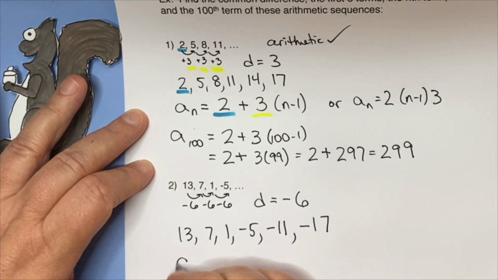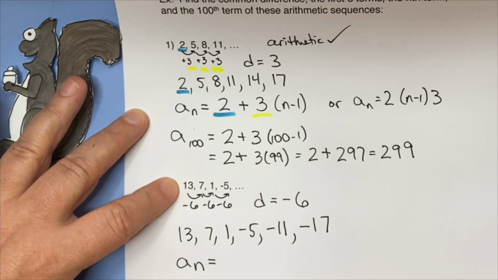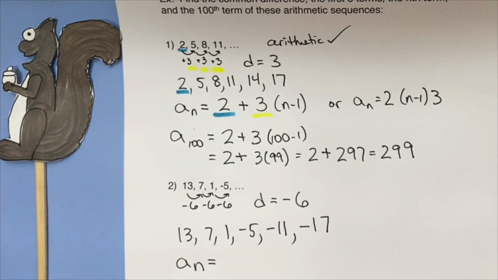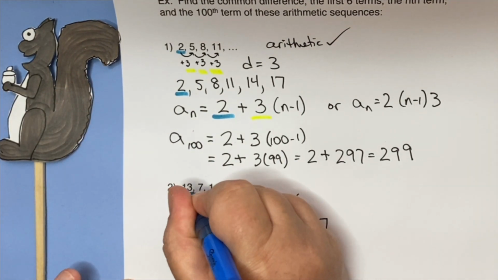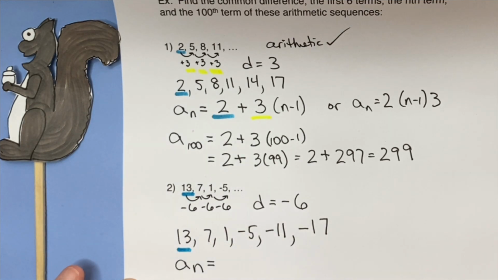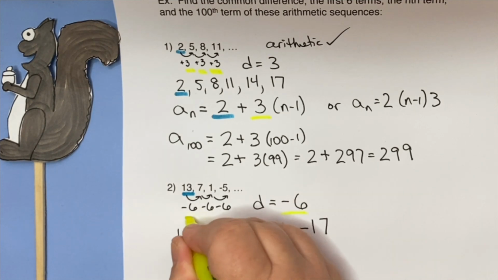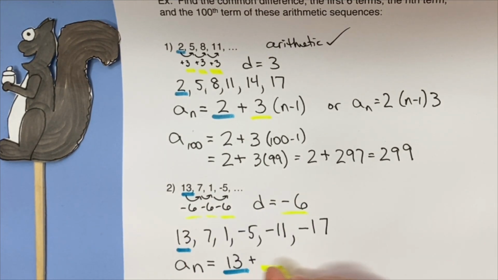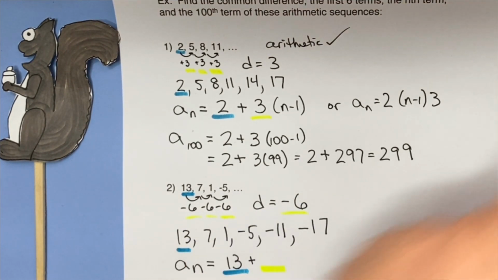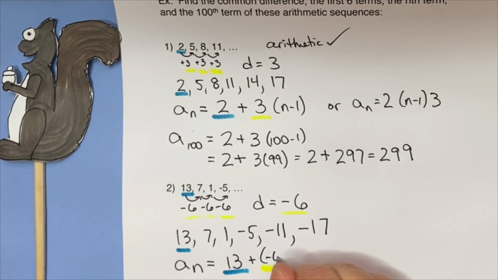Okay, nth term. A sub n equals my starting point. There's my blue starting point. That's going to be 13. And then plus, and then here, my common difference is going to be negative 6 times n minus 1.